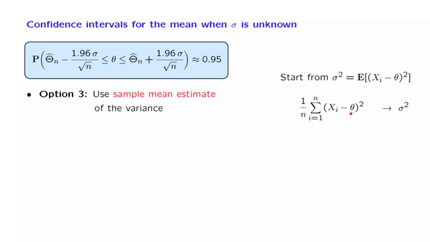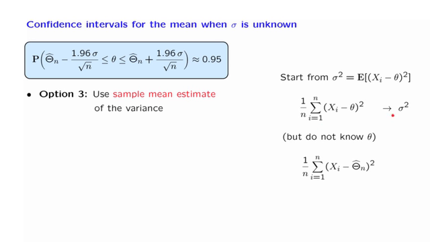So what can we do? Well, we have an estimate for the mean, so we could just plug in that estimate instead of the true value, and this gives us this alternative expression. Now, as n increases, this sample mean converges to the true mean, so this expression here will become closer and closer to this expression.